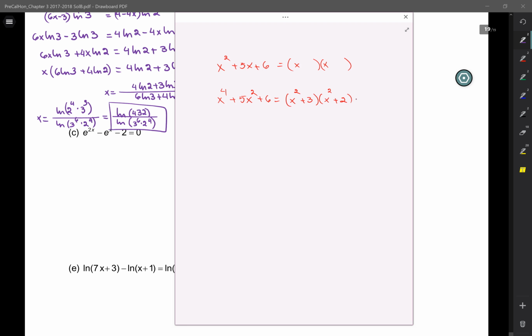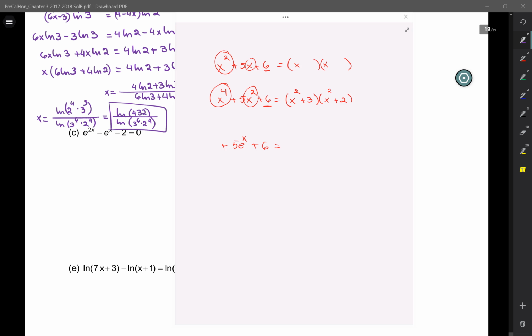Why were we able to do that? Because what we had was a constant, a term with a variable, and then that variable squared. So suppose now I had something like this, 6, and then here instead of 5x, I had like 5e to the x.